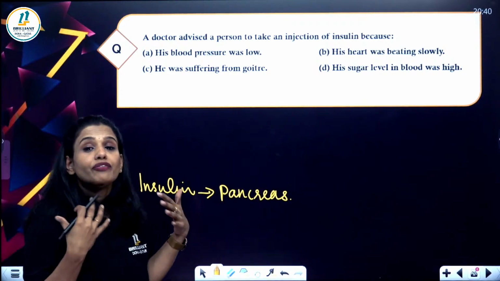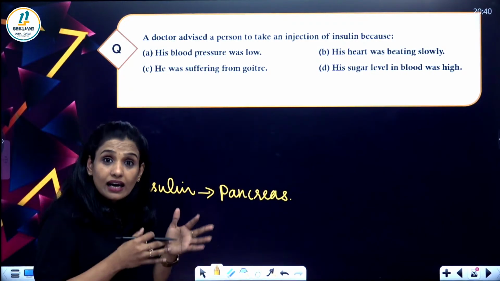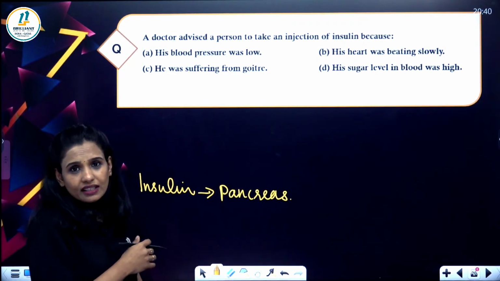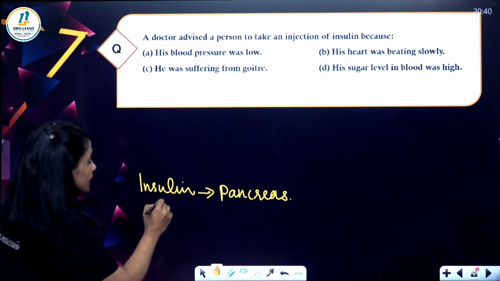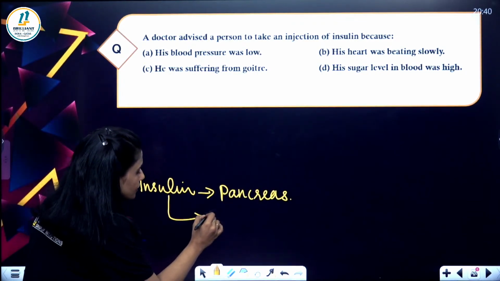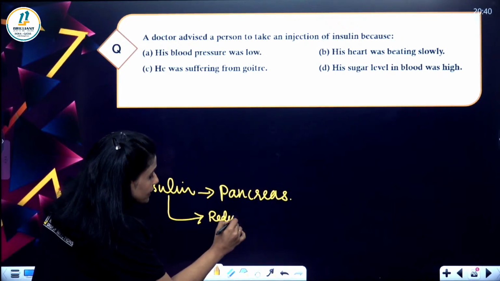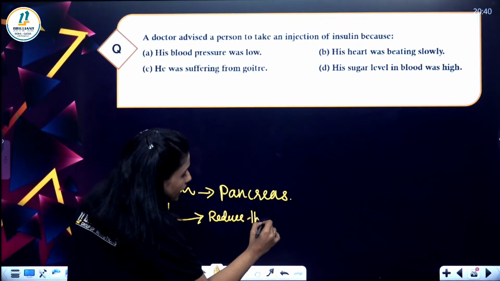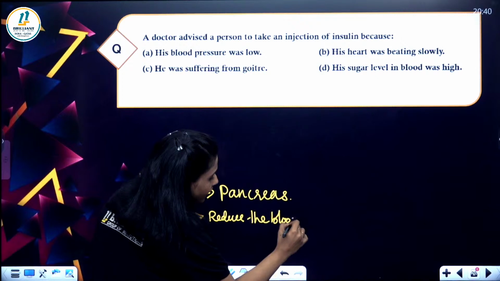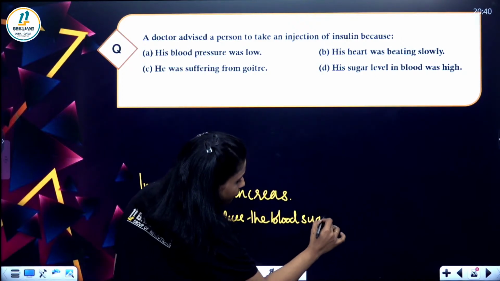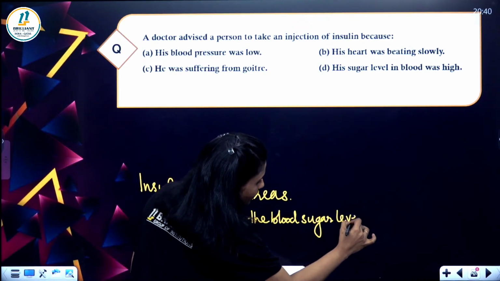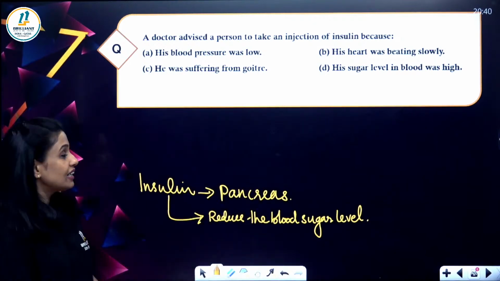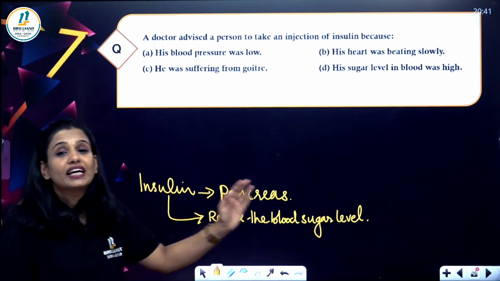And what is the function of insulin? We have learnt it in the previous question. To reduce the blood sugar level. Reducing the blood sugar level is the function of insulin.